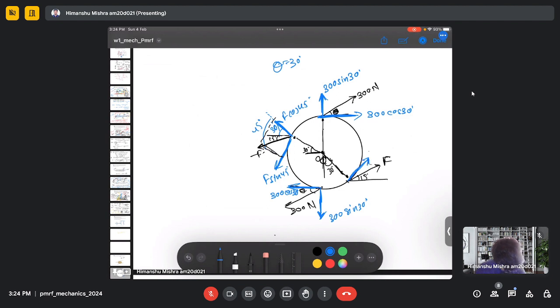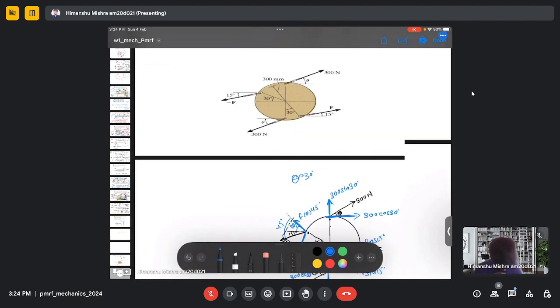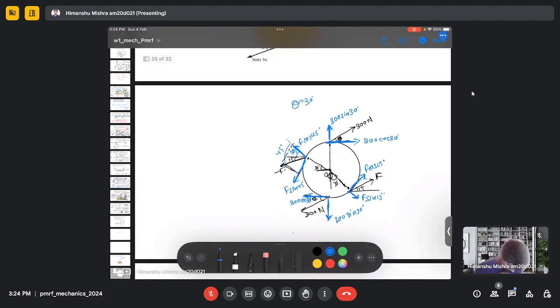Here it is F cos 15, and here is F sine 15. So this could be my F cos 15 and F sine 15.